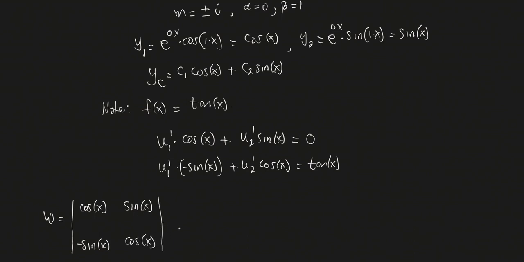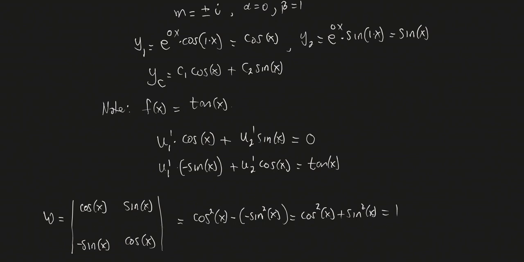And let's just go ahead and compute it as we write them down. So using our AD minus BC formula, we have cosine squared x minus negative sine squared x, and that's cosine squared x plus sine squared x. That's equal to 1. And that's good, right?